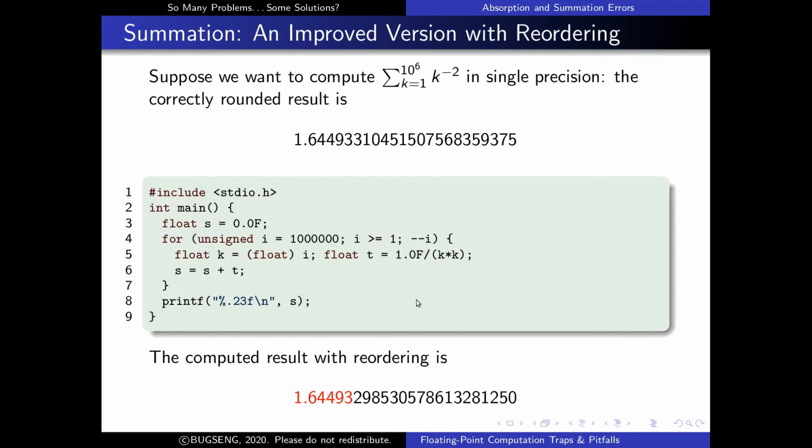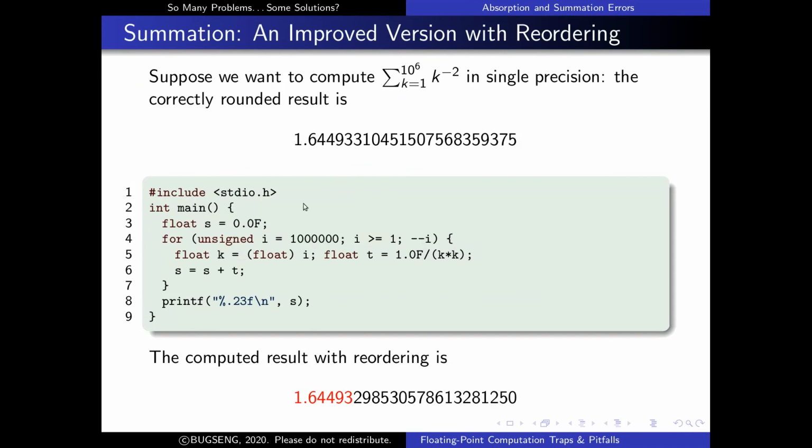So an improvement can already be obtained by reversing the order of addition, so that we first add the small things together, so we reduce the chance of absorption, and then we add the large things later.